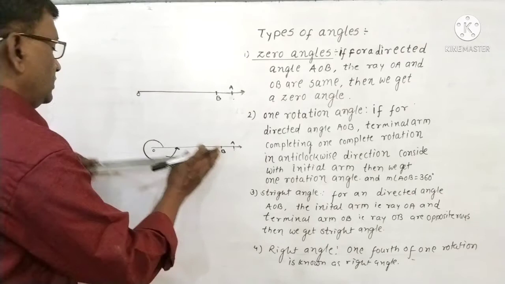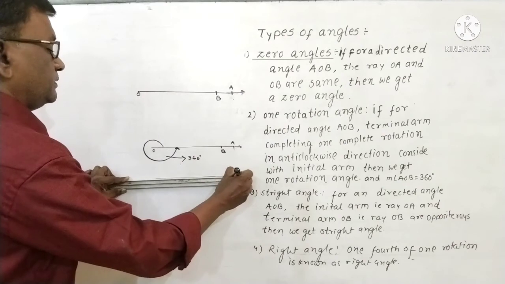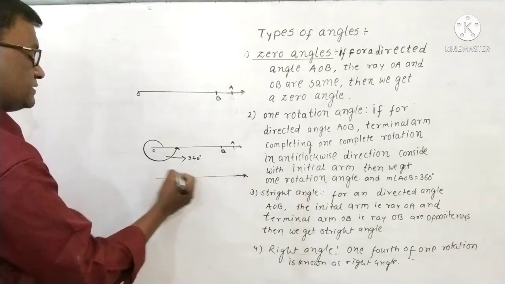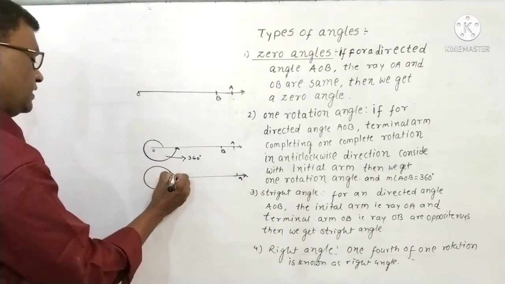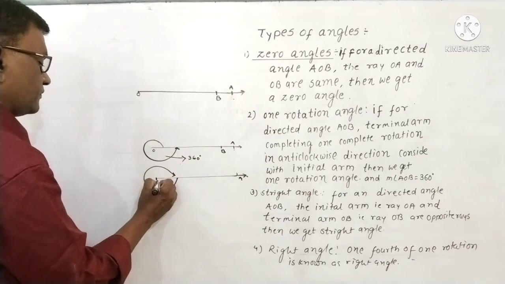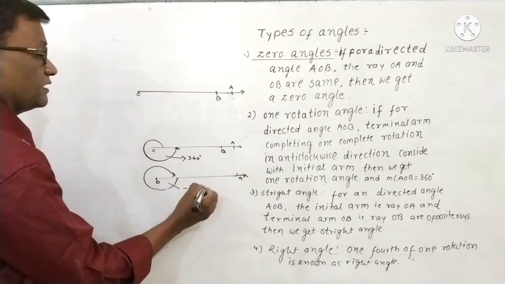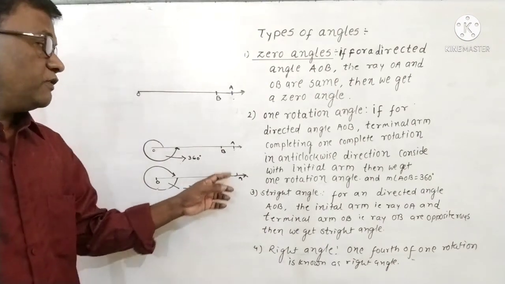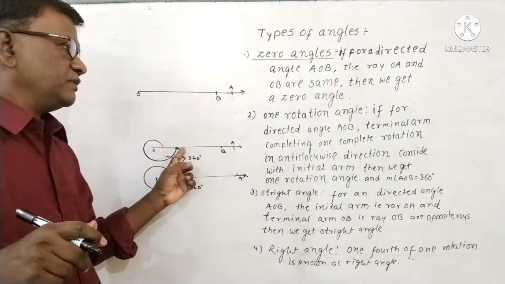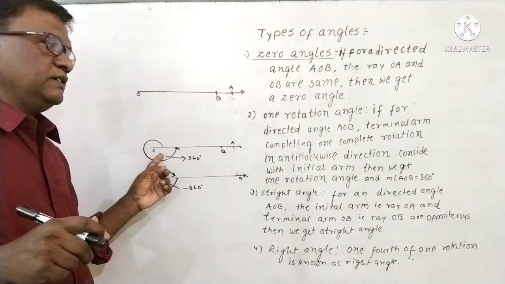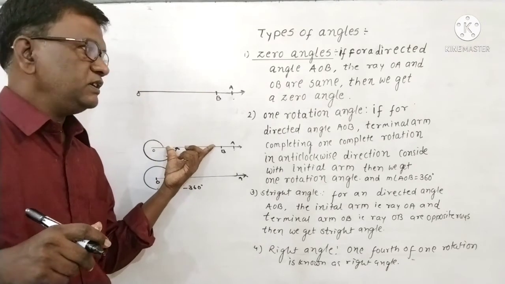And if you draw like this, and the terminal ray rotates in the clockwise sense, then in this way this angle is equal to minus 360 degrees. It means it completes one rotation, the terminal arm completes one rotation in the anti-clockwise sense and coincides with OA.